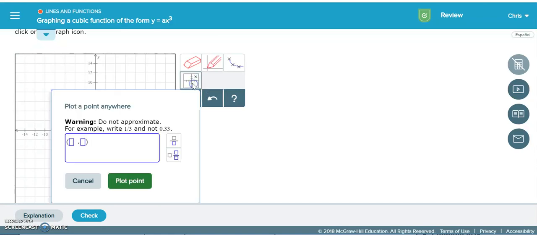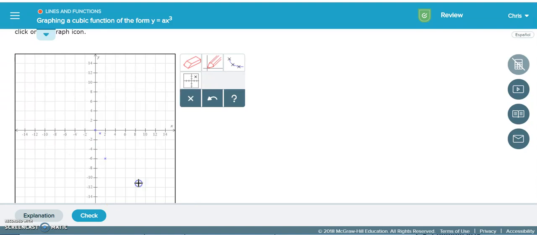So click on this and type in the ordered pair: 1, and then the y value is negative 3/4. Okay, and plot the point. Those are the first 3. I need to do the other 2. The other points were negative 1, and a positive 3/4.